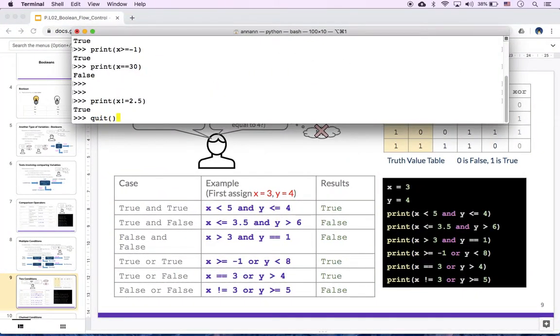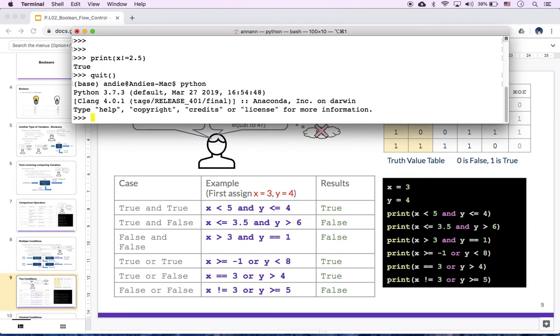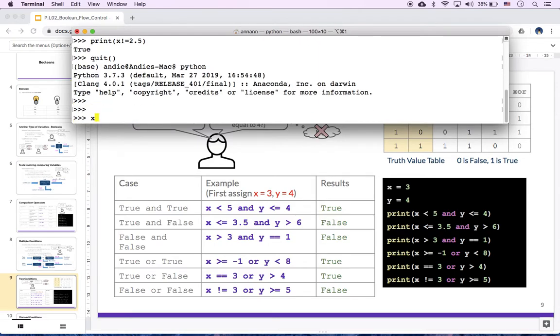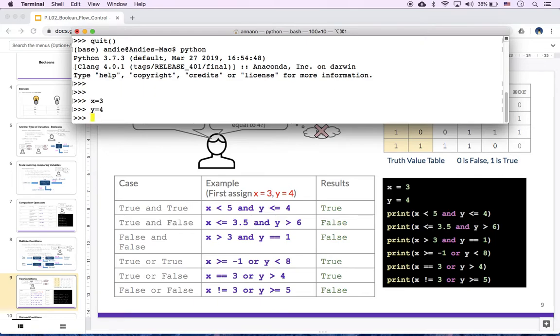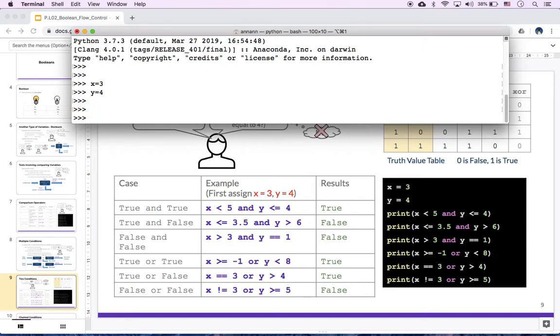I'll quit this first, and then I'll go back to the interactive mode. We first have to assign a value of 3 to x, and then the value of 4 to y, and then we want to see if x is smaller than 5, and at the same time y is smaller than or equal to 4. Okay, so how do we do that? x is smaller than 5 and y is smaller than or equal to 4.